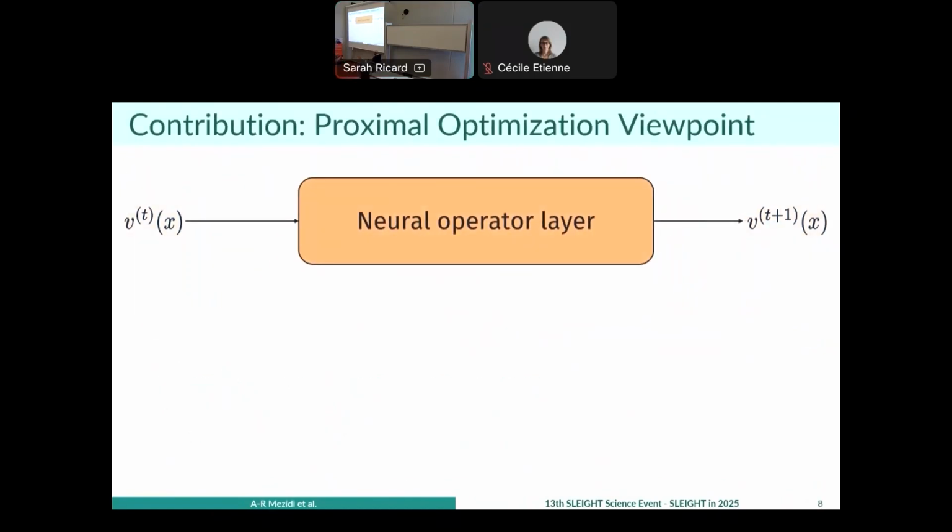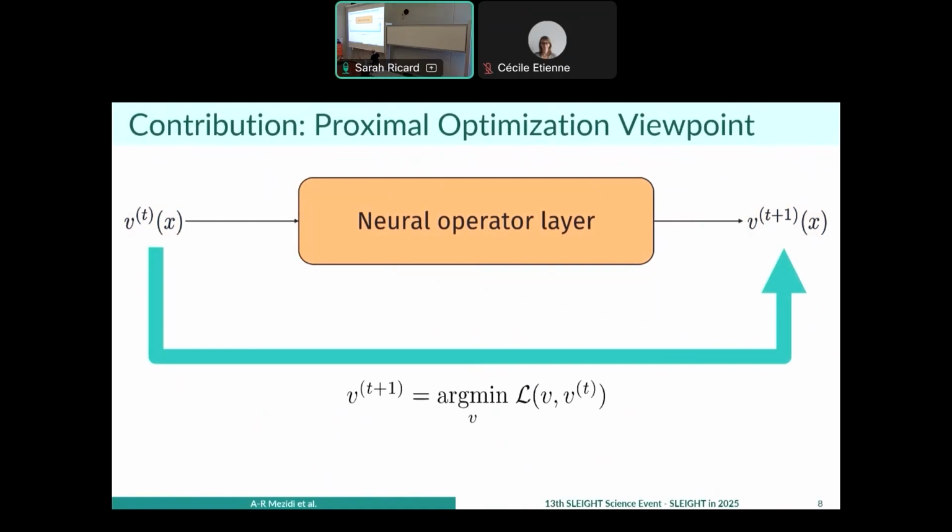Generally, we see the output of such a layer as a parametric operator on the input. And the first contribution is to view the output of each layer as the solution to an optimization problem depending on the input.